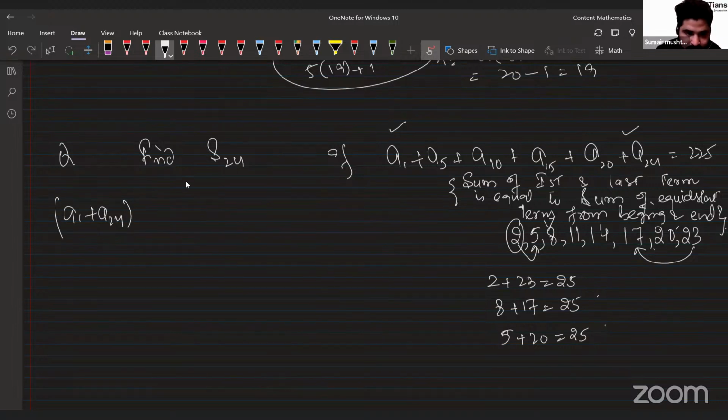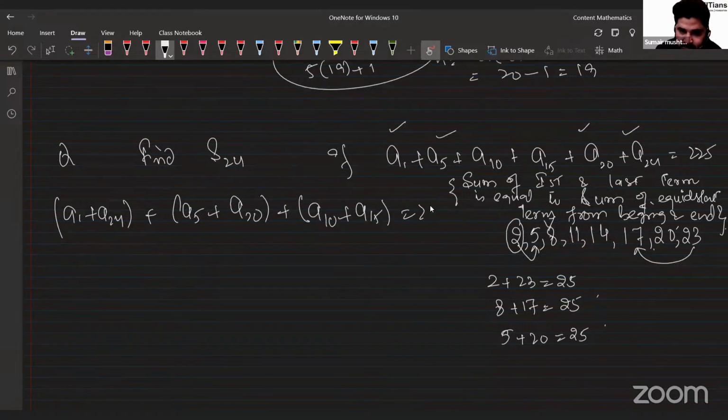Plus the terms equidistant from the beginning and end. That is a5 plus a20, and they are equal to a10 plus a15. This is equal to 225, and the sums are equal.